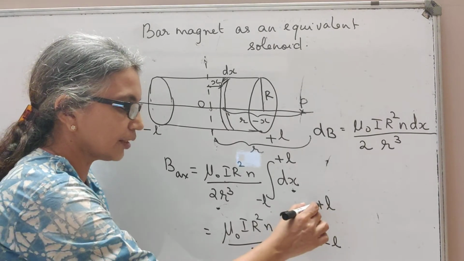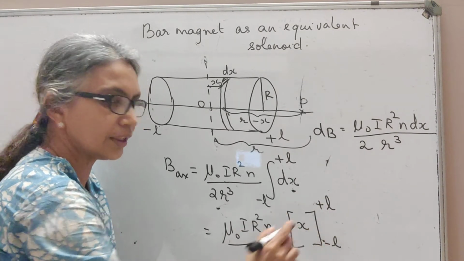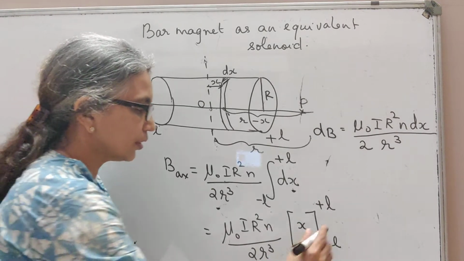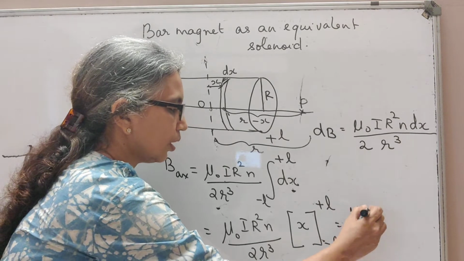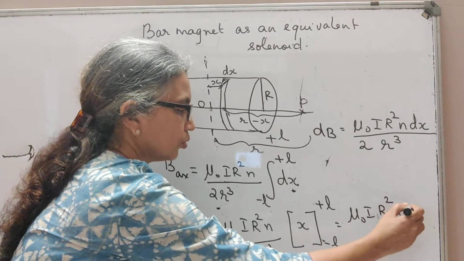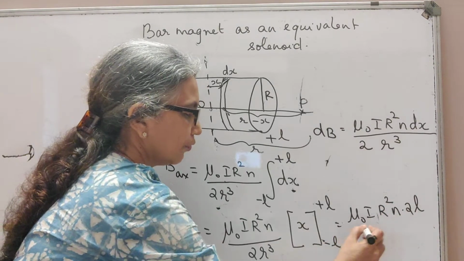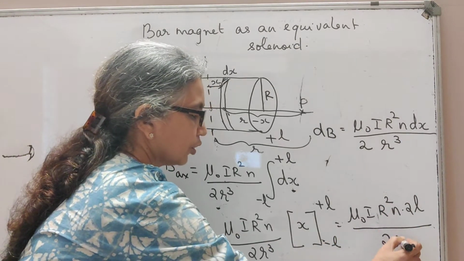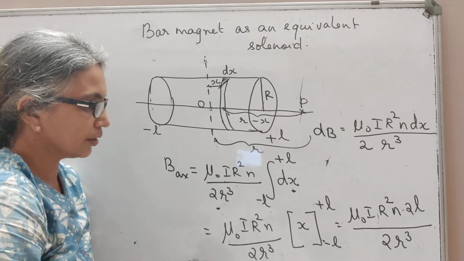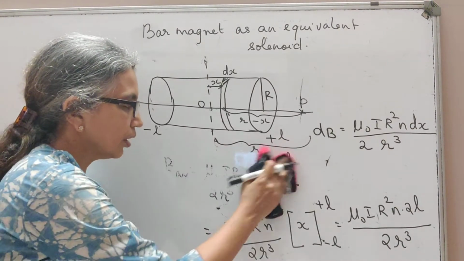So upper limit will be plus L, minus of minus, another plus L. So that will be the total length 2L. So this is equal to mu 0 I r square n into 2L divided by 2r cube. Okay, so that is the expression.